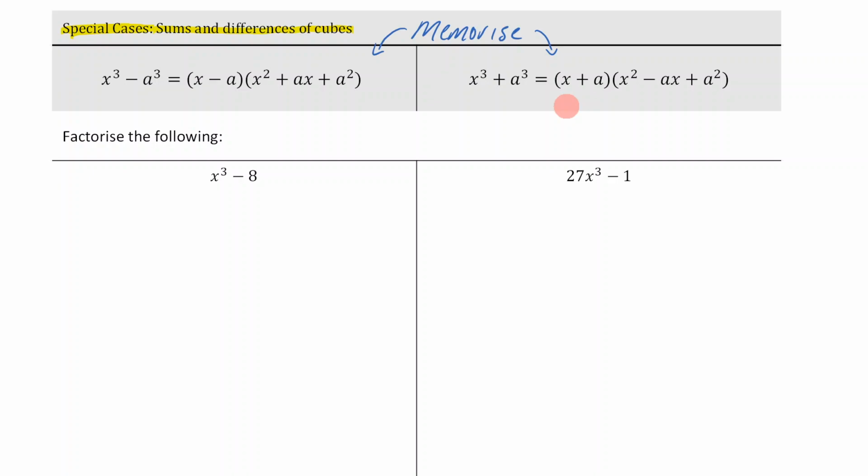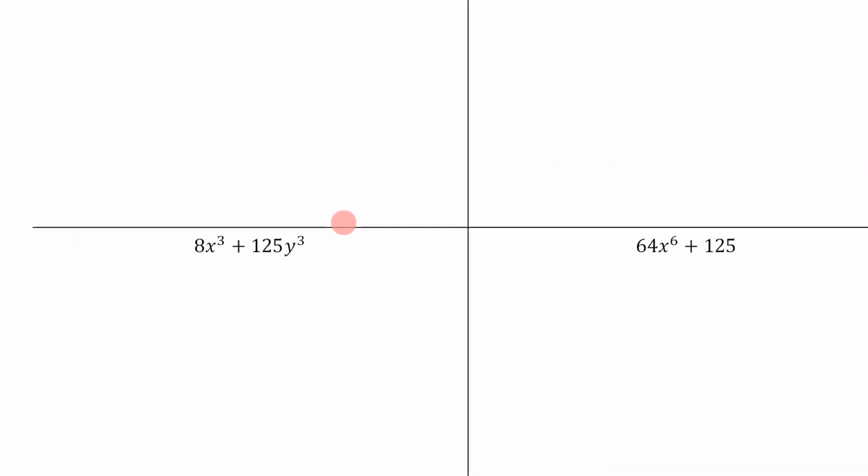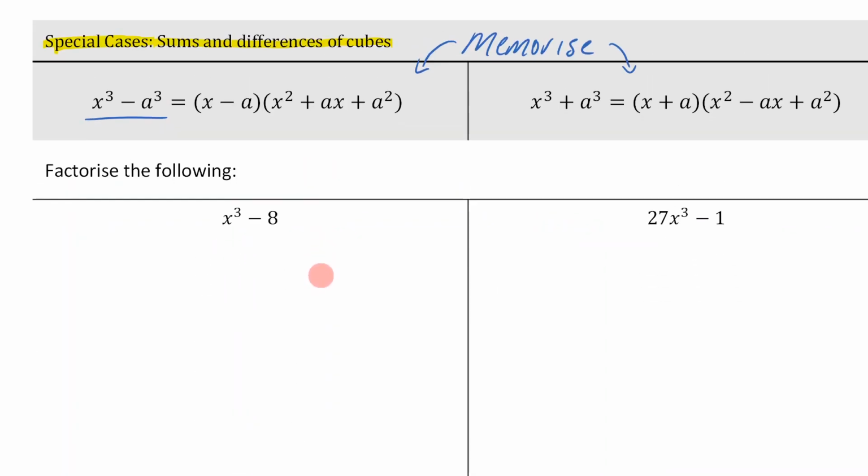So if you're given something like this, x cubed minus 8, do you see that because you have a minus, you're going to be looking over here? And what you need to first do is write them as 2 cubes. And sure enough, you should be able to recognize, well, this is clearly a cube, it's x cubed, and 8 is 2 cubed.